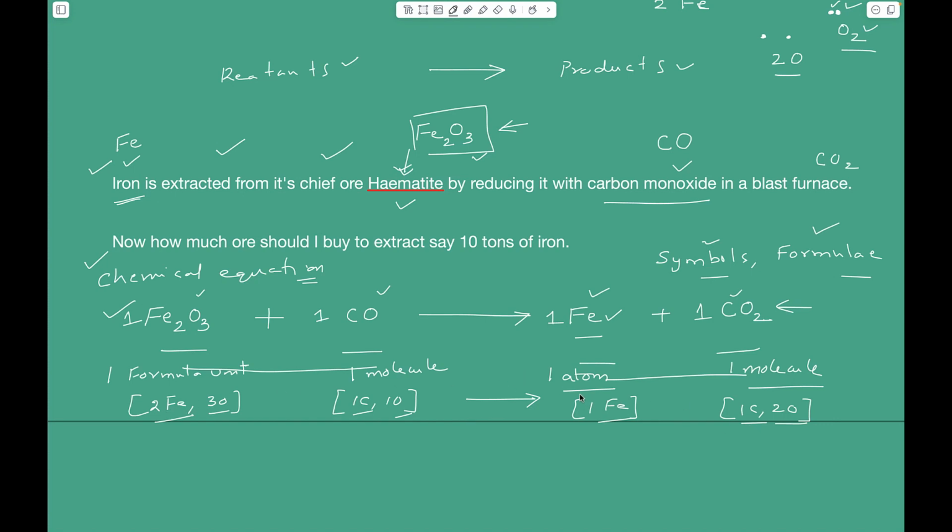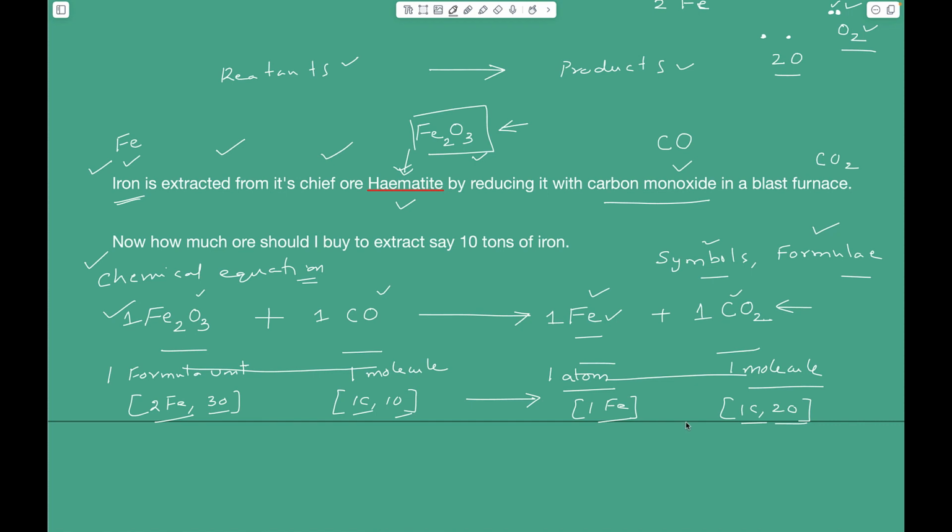So by looking at these numbers, it appears that some iron atoms and oxygen atoms are getting lost during this reaction. That is, they are getting destroyed or disappearing during this chemical reaction. And you know, atoms have mass. If atoms are getting lost, that means mass is getting lost or destroyed. So it appears as if some mass is getting destroyed during this reaction.